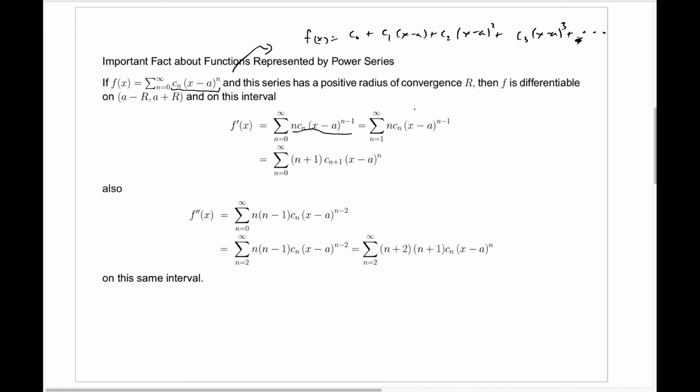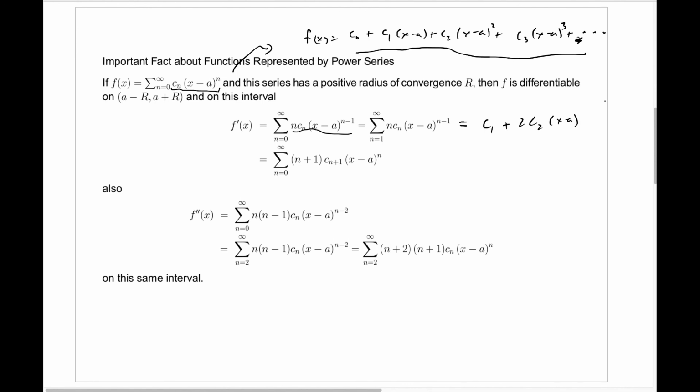Let me show you what that looks like written out term by term. And of course, if you want to write it out term by term, you could start with this representation up here and just differentiate term by term. The c naught disappears when you differentiate it. The derivative of c1 times x minus a is just c1. The derivative of c2 times x minus a squared is, by the chain rule, 2c2 times x minus a.